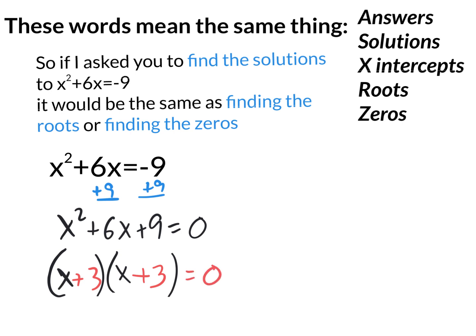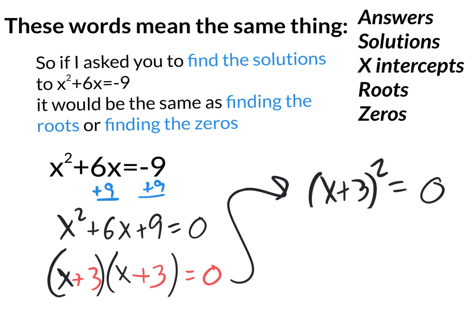Now, if it equals 0, now instead of splitting and solving, which I normally would do, I could recognize that you have a binomial and the same exact binomial being multiplied with itself twice. So you could rewrite it like this: x plus 3 squared equals 0. And then you could solve it by getting rid of the square by applying what? A square root. That's why they're also called roots.